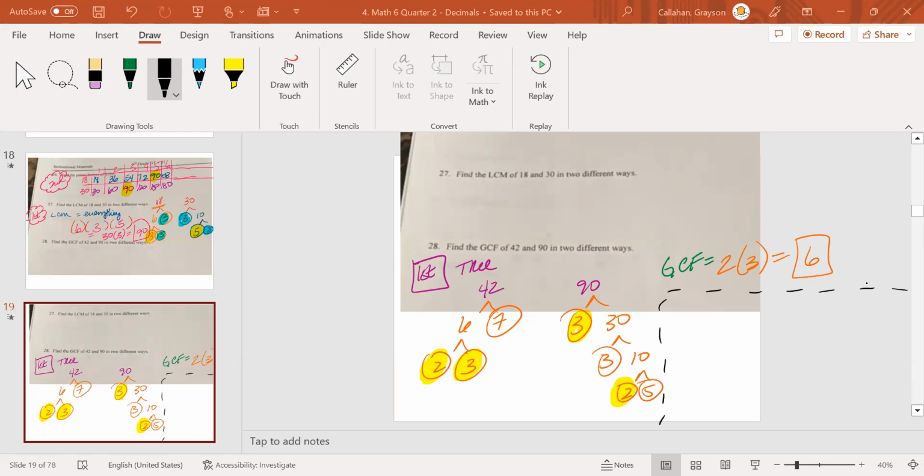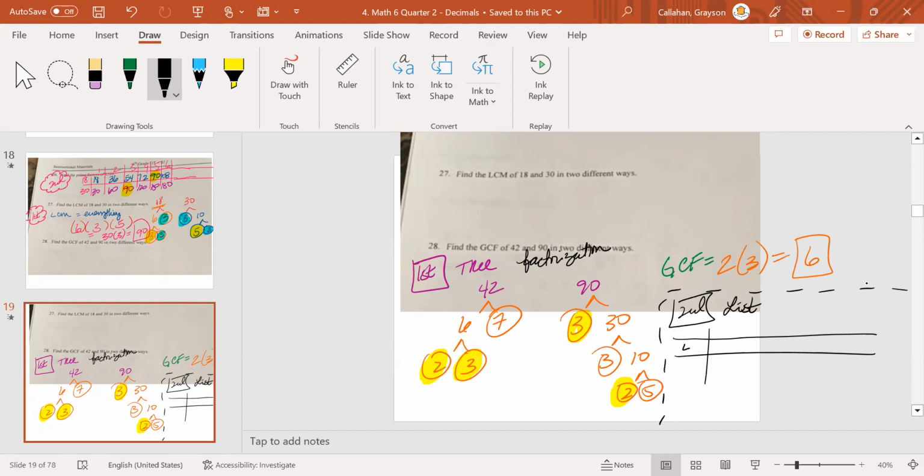So the first way that we have is a tree prime factorization, right? That's the first method. Second method is going to be with a list, okay?